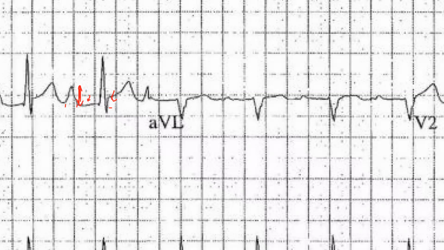Correct. And then the PR duration is quite long, more than 0.2 seconds.